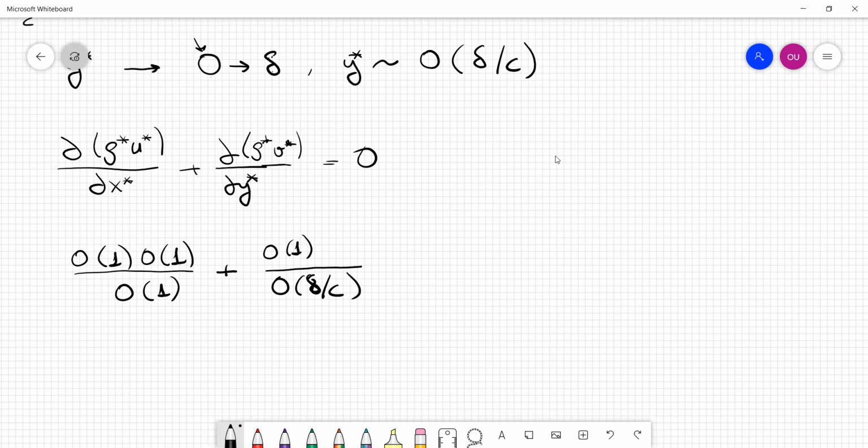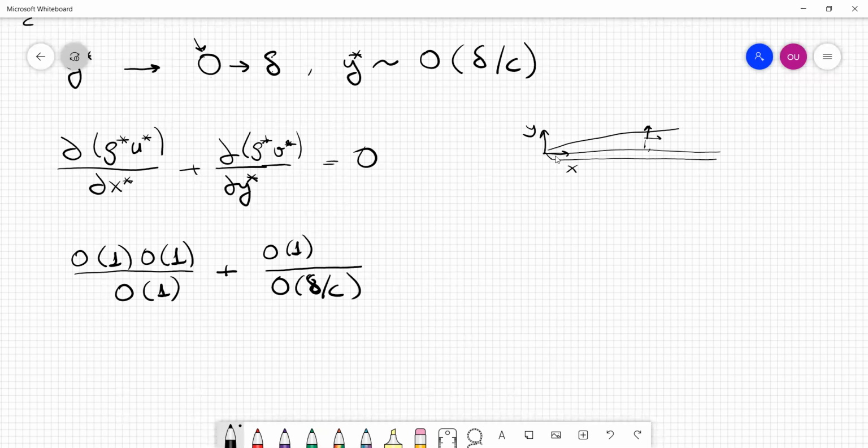And v star, what is v star? It's v over U infinity. So we are talking about the second velocity component, the velocity component along the y direction within the boundary layer. When we non-dimensionalize it with U infinity, that's our v star. This vertical velocity component also changes very little within the boundary layer.